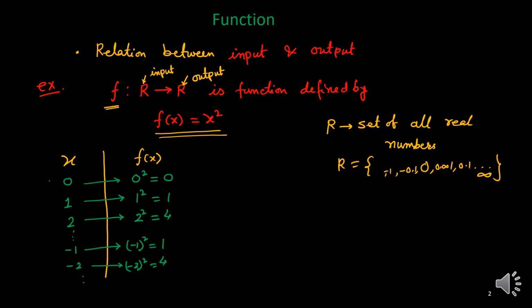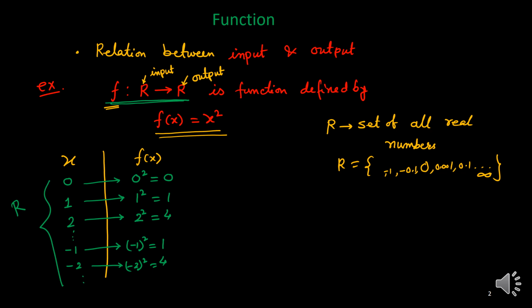These are all possible real numbers. The symbol R is used to define a set containing all the real numbers. So this is saying that f is a function which will take one input from real numbers, and it is going to produce one real number again.